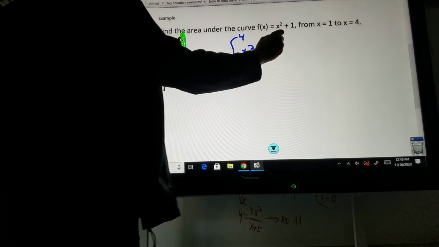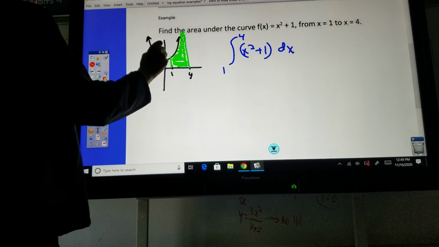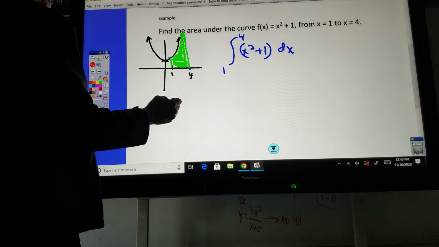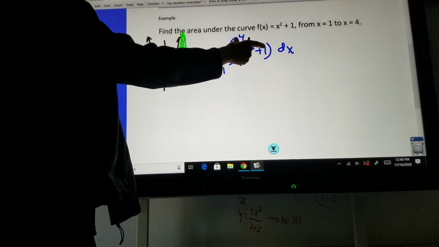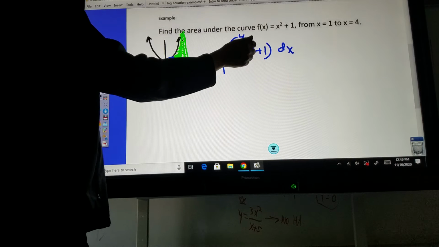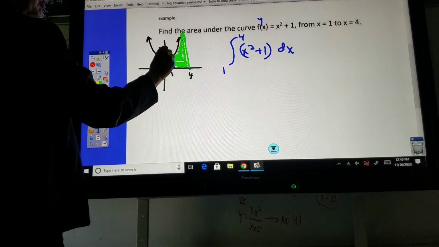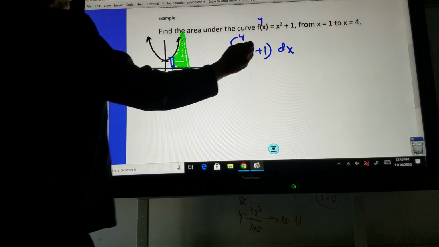Now let me explain what this dx is. Here's your function, which is the height. The function tells you the height at a given value of x. So really each height is an f of x. Remember, f of x means y, right? So the height of any rectangle is its y value, its f of x value. The width is what we call dx.